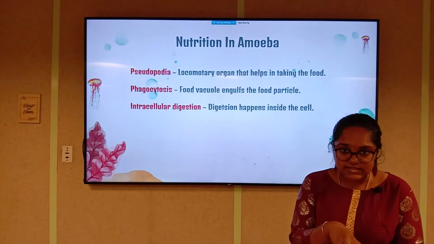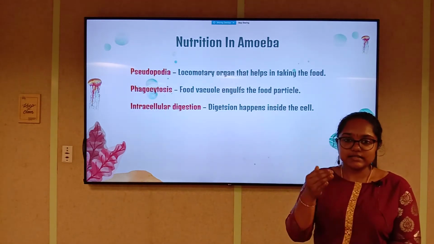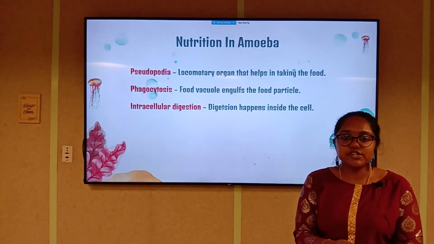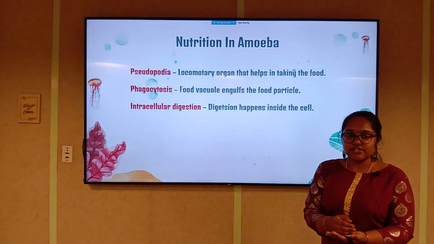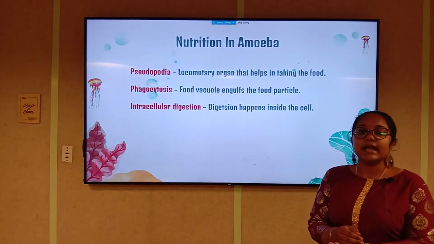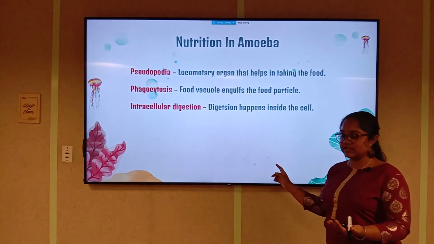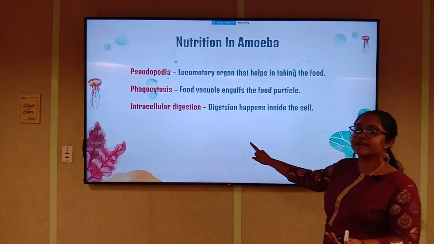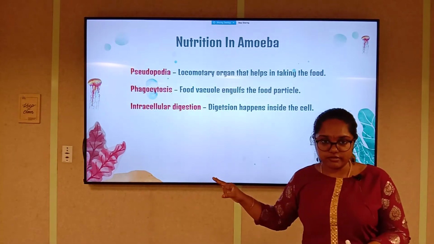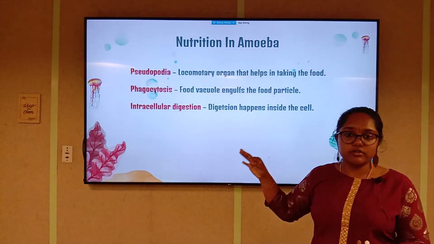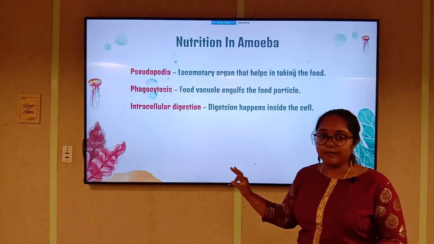Inside that one cell, the food particle is entering, it is getting digested, it's getting broken down, and then the nutrition is released. So since the digestion is happening inside a cell, we call it intracellular digestion. I think you are clear with this. Pseudopodia, phagocytosis, and intracellular digestion are the three important terms you have to remember whenever you are going to explain or write about nutrition in amoeba.